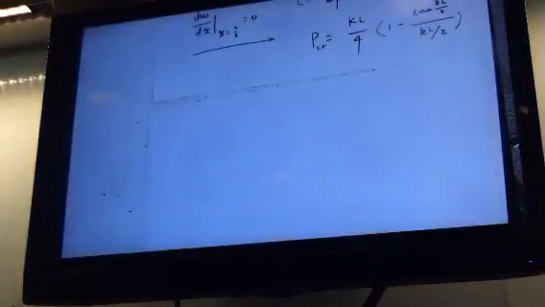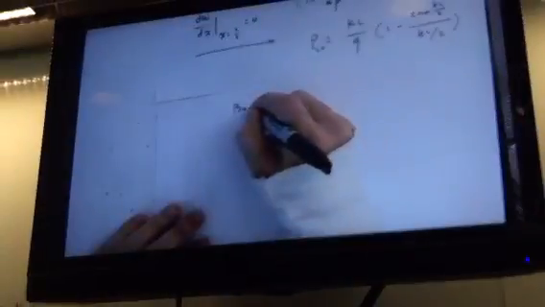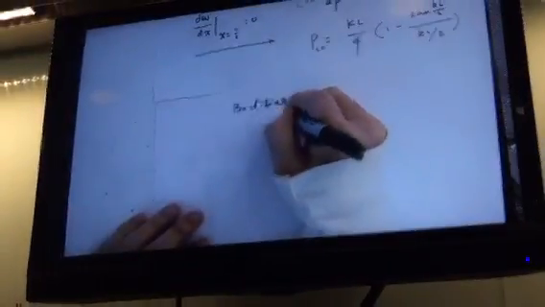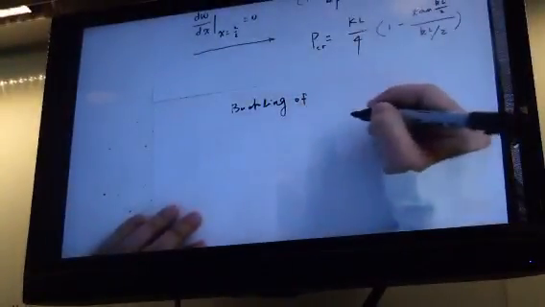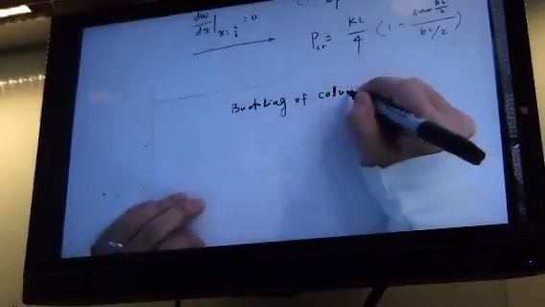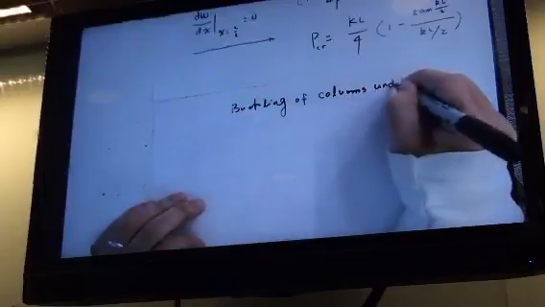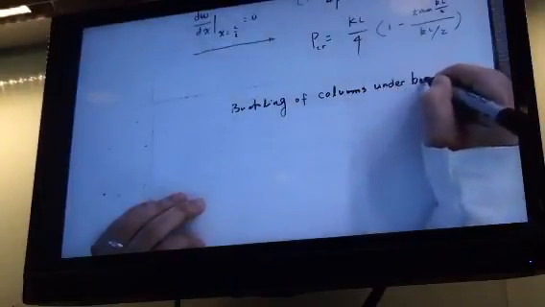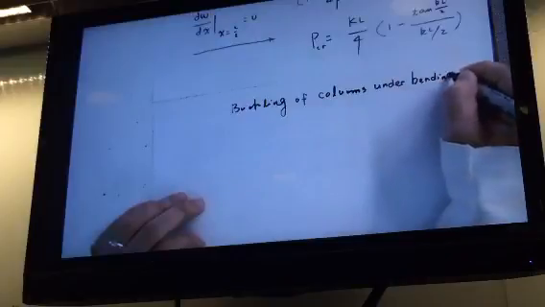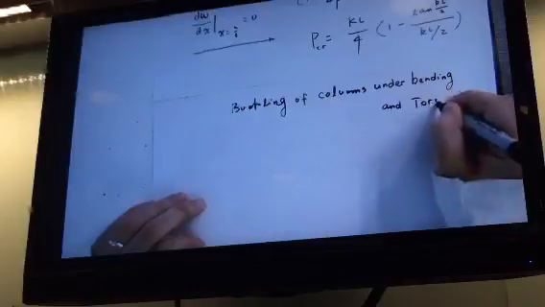And today we're going to deal with a more complicated situation. Buckling of columns and bending and also torsion.